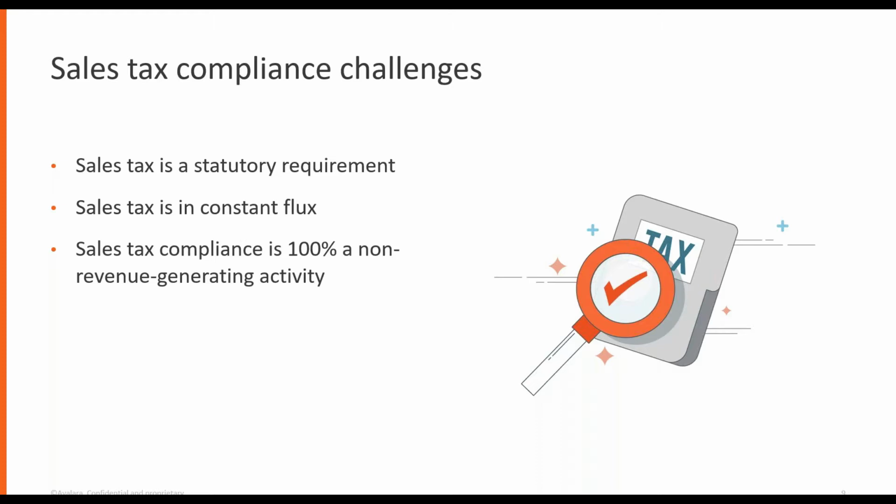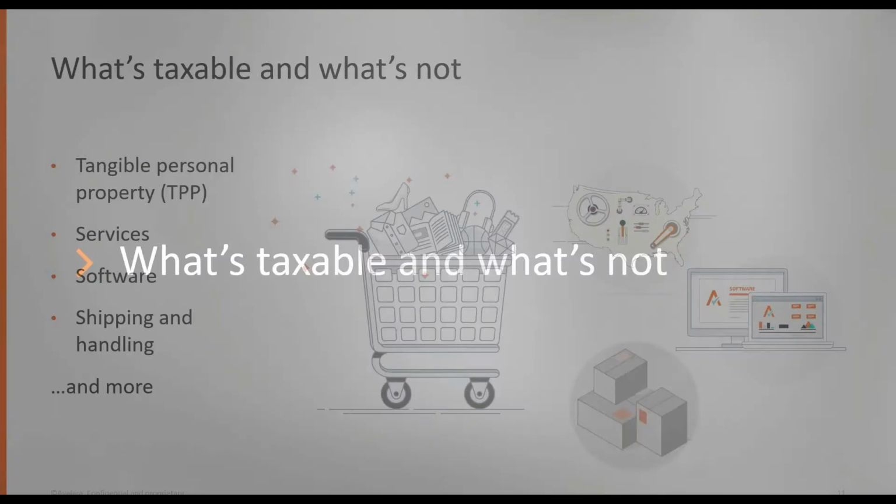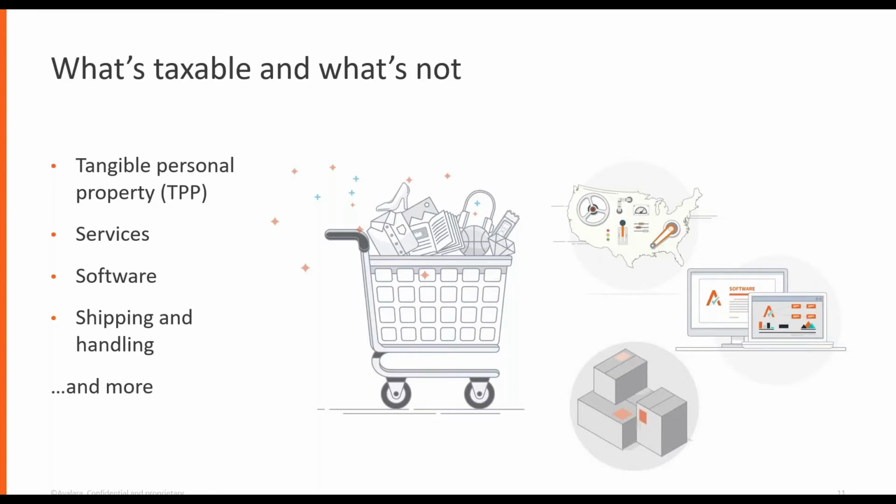So I promised you we'd talk about what's taxable and what's not taxable. So let's take a minute to just kind of walk through that. The easy one that's taxable is tangible personal property. It's taxed nearly everywhere at the standard rate in the state. But there are other things such as services, software.